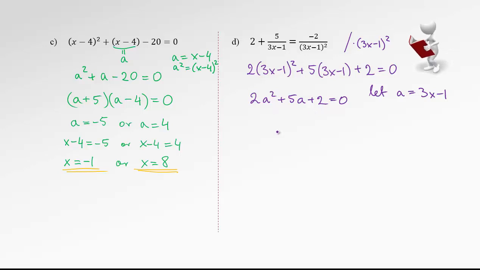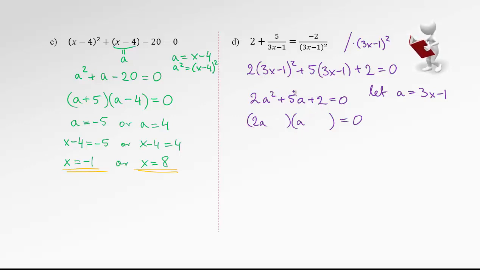So let's solve for a. Can we solve it by factoring? Well, the product is 4 and the sum is 5. So yes, we can. Let's prepare two brackets. We must use 2a and a for sure. And then for the last terms, we don't have many choices. It must be 2 and 1 or 1 and 2.